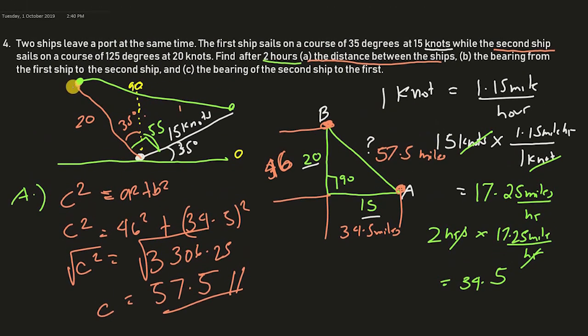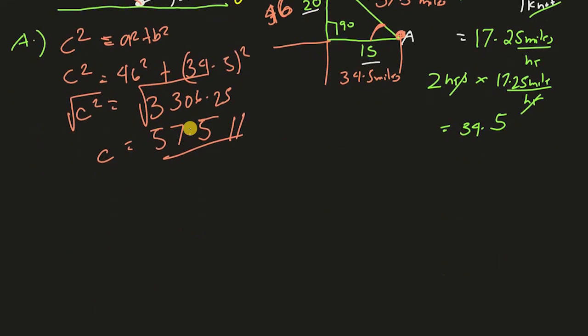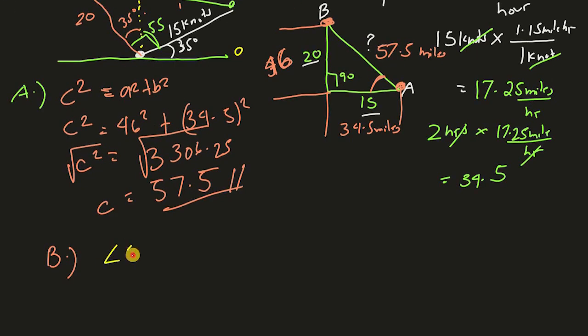Second, letter B. They are asking for the bearing from the first ship, this is A, to the second ship. That means they are asking for this angle, the angle of the first ship to the second. So we are solving for angle A.